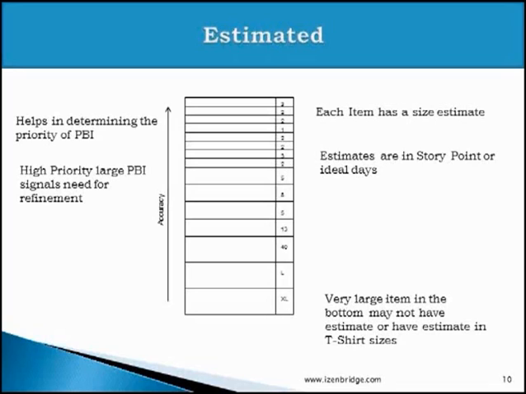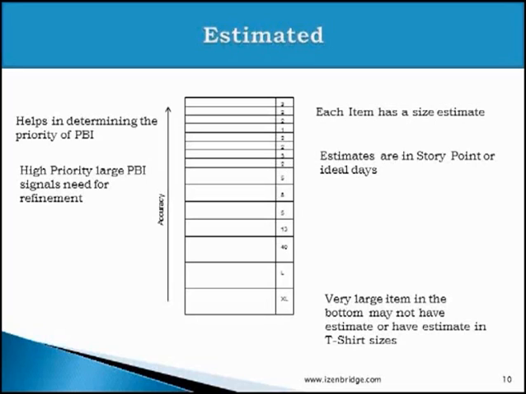Having this number attached helps a product owner to prioritize the item, because the product owner can also identify the value of that item, and by looking at the value to cost ratio, he can take a decision related to prioritization. The product owner may also get an idea about how much refinement is needed. If the item is of a bigger size, he gets an input that it needs to be refined before it gets scheduled in an upcoming sprint.